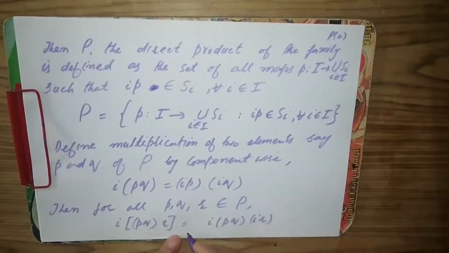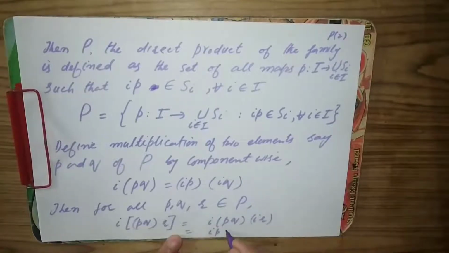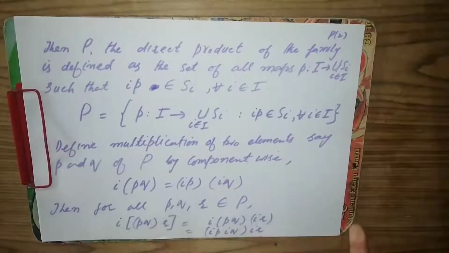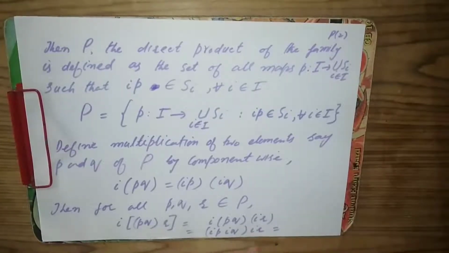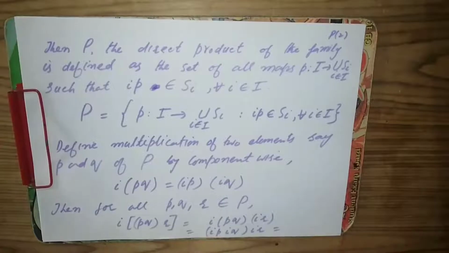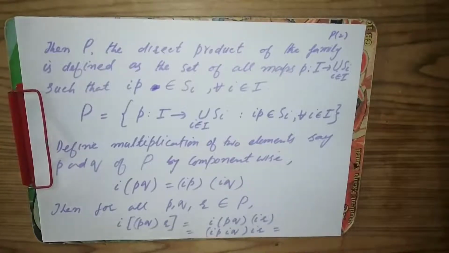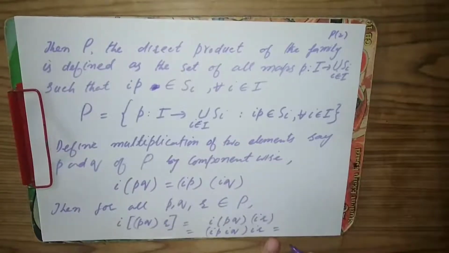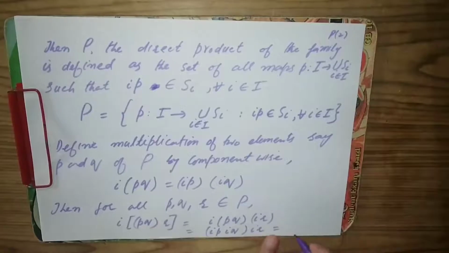Now again applying the definition, it's p(i) q(i) into r(i). Here p(i), q(i), r(i) are all elements of the semigroup S_i, so we apply the associative property of the semigroup S_i.